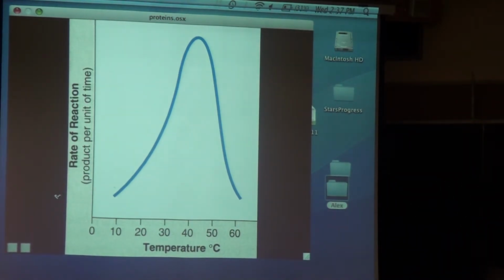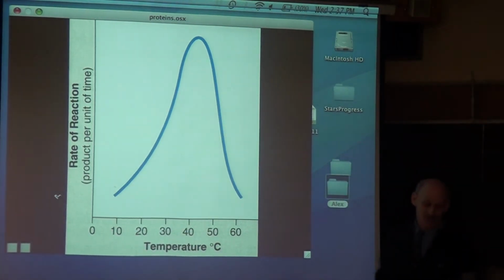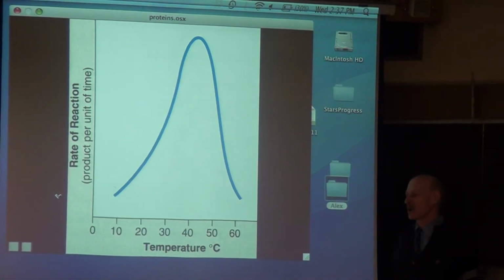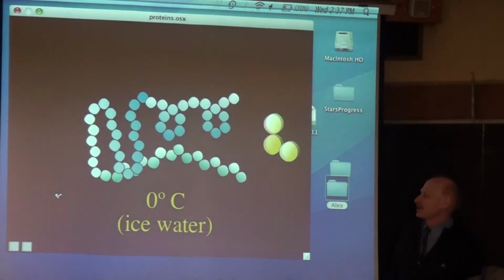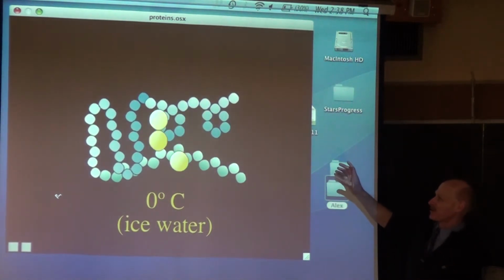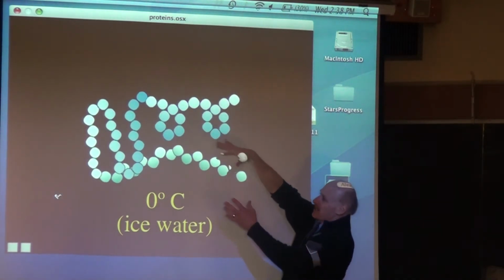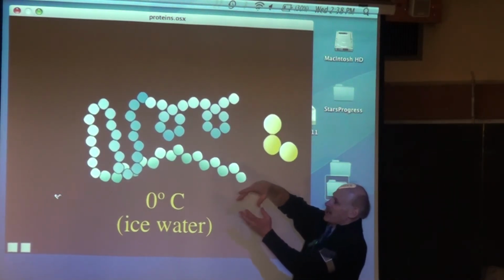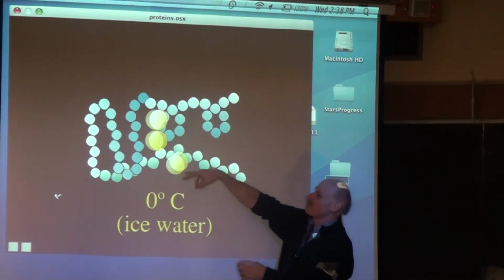Now, how is it that the temperature controls the rate of the enzyme? Well, if we begin here at the lower temperature, it just comes down to simply that at colder temperatures, molecules are moving more slowly. Here's the same enzyme in ice water. All molecules move slower at slower temperatures, and so the substrate drifts in more slowly, and then the enzyme does its chemical reaction more slowly on the substrate, and the products leave more slowly.